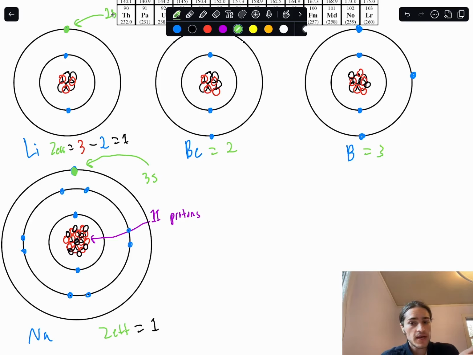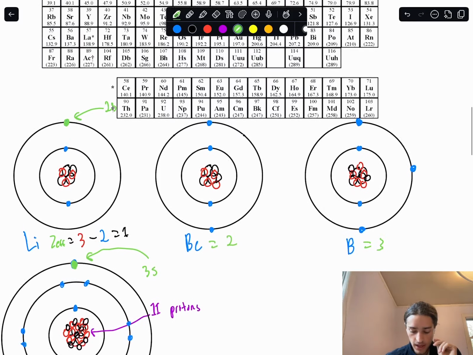And if it's further away, that means it feels less of a pull from each one of those protons. So even though the math is the same, where there's the same effective nuclear charge using our little formula, it ends up being a little bit less in the case of sodium because that electron's further away. All right.